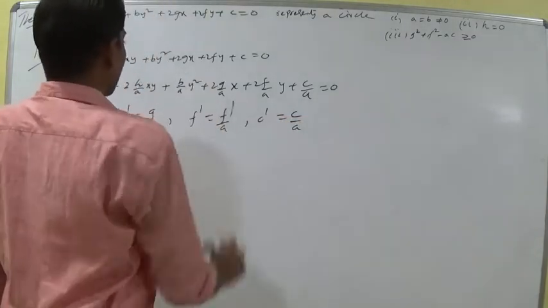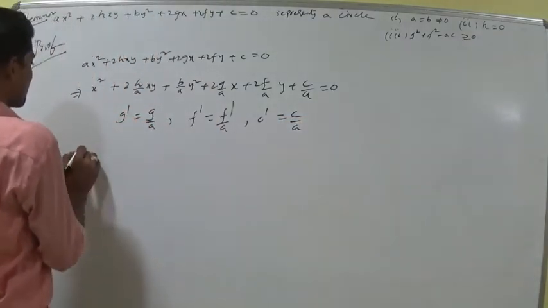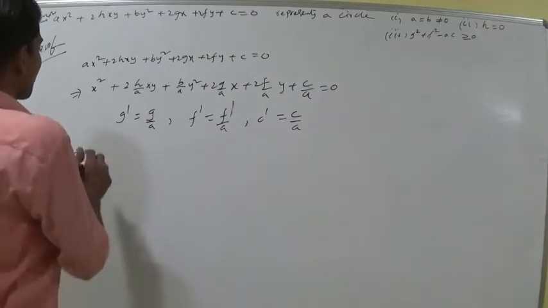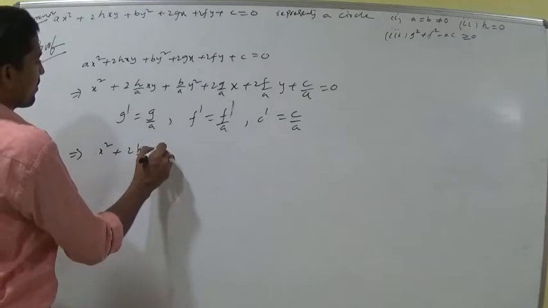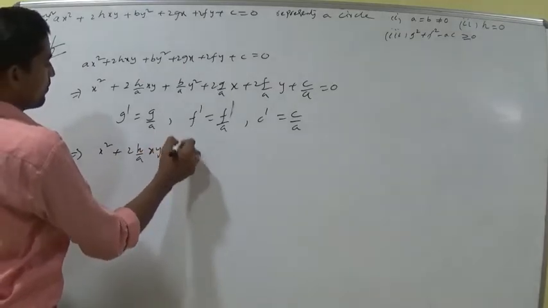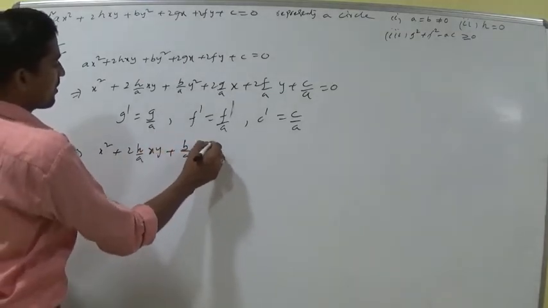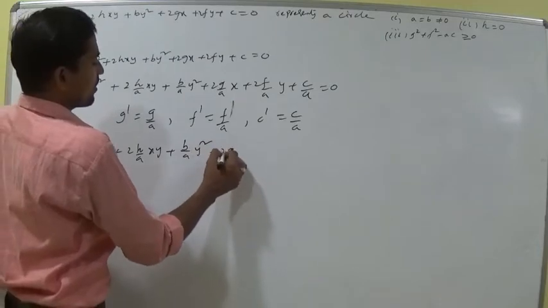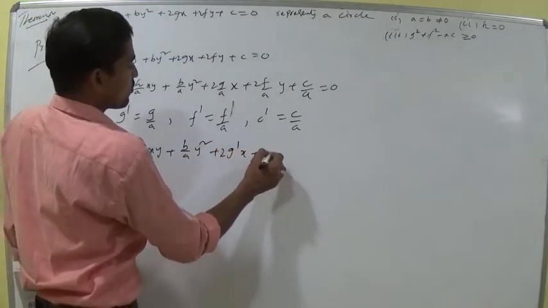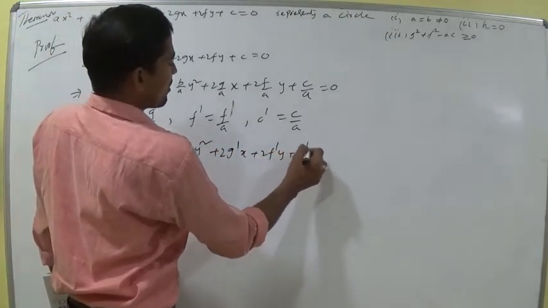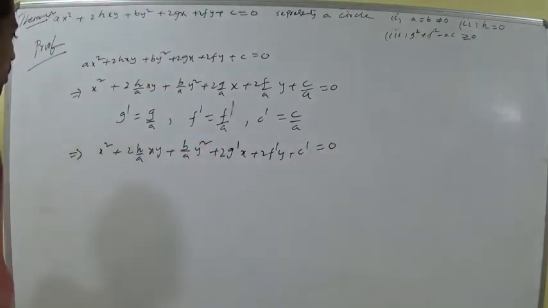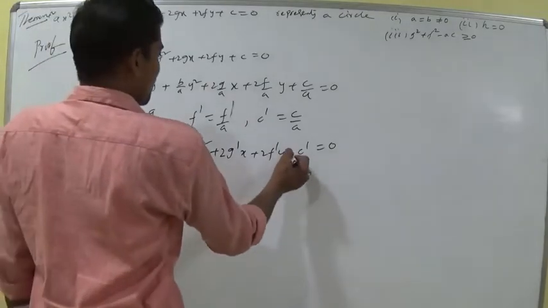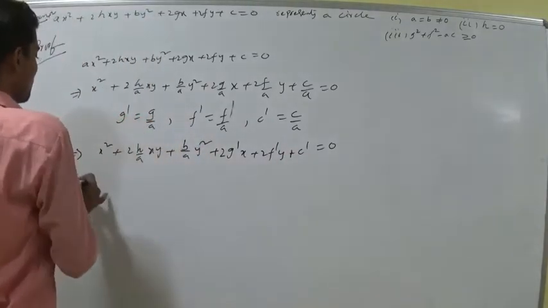Now this implies x² + (2h/a)xy + (b/a)y² + 2g'x + 2f'y + c' = 0. Clear? Now first condition, what is the first condition here?